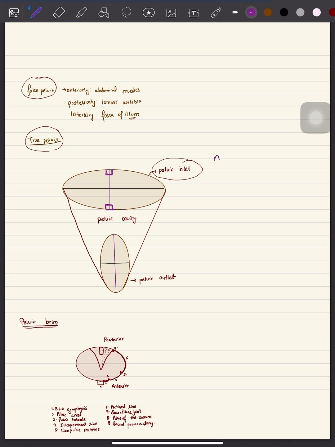So the AP diameter would be formed by, obviously, the line joining the pubic symphysis and sacral promontory. Now over here we need to understand that there are three AP diameters of the pelvic inlet, and these include the true diameter.